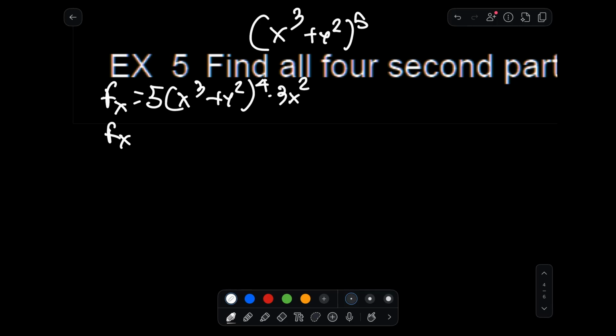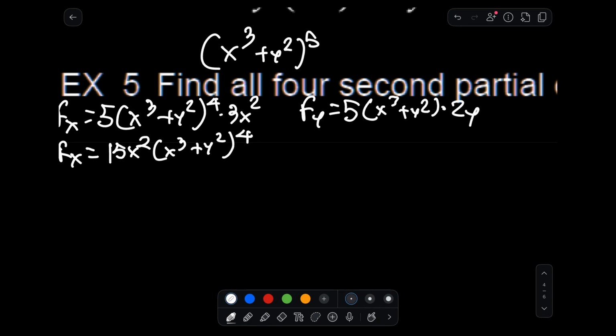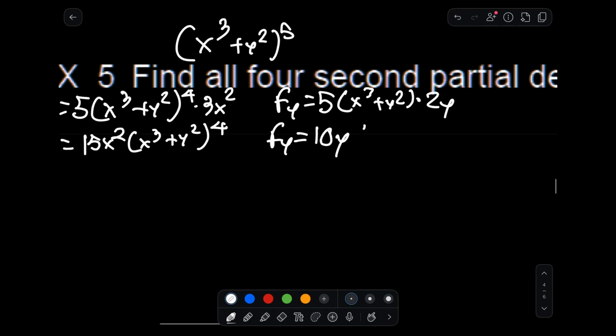Just let me get that. Okay, and then f sub y equals the same thing. So 5 times that plus that times 2y. F sub y equals 10y times the quantity.